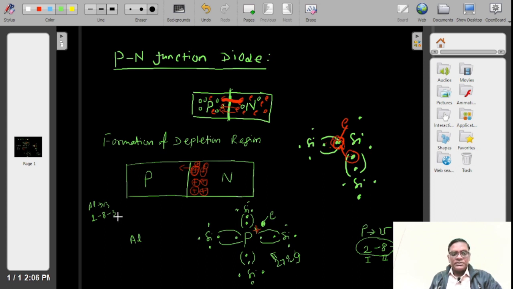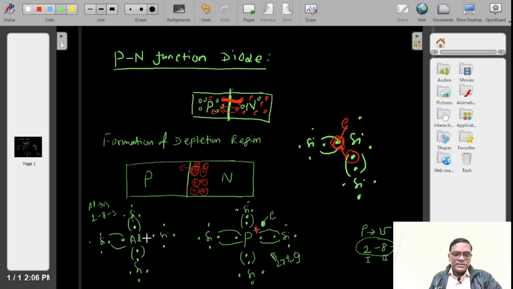We deal with the outermost orbit electrons, that is 3 electrons: 1, 2, and 3. The other atoms are silicons, 1, 2, 3, 4. Here we have silicon, 1, 2, 3, 4. Here we have silicon, 1, 2, 3, 4, and another silicon here. So here it is a covalent bond, here a covalent bond, here a covalent bond.